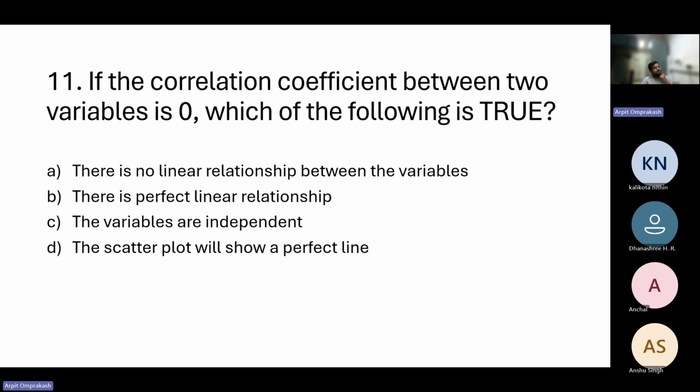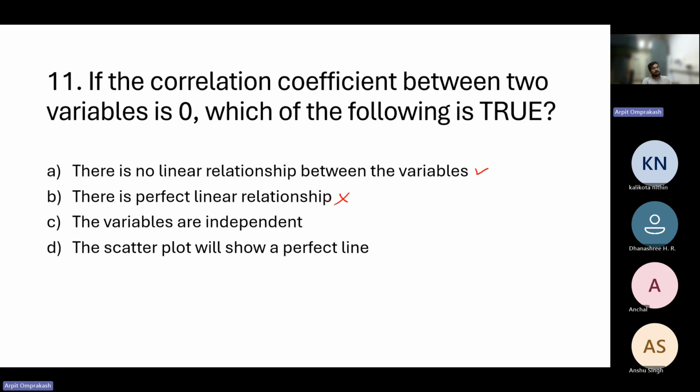Number 11. If the correlation coefficient between two variables is 0, which of the following is true? So option A, there is no linear relationship between the variables. B, there is perfect linear relationship. This is false. If there's a perfect linear relationship, it would have been 1.